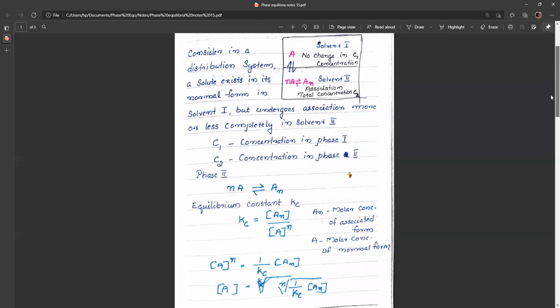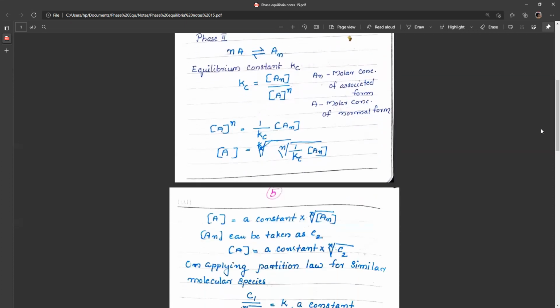If we rearrange the equation, A raised to n is equal to 1 by Kc into An, or A is equal to the nth root of 1 by Kc into An.